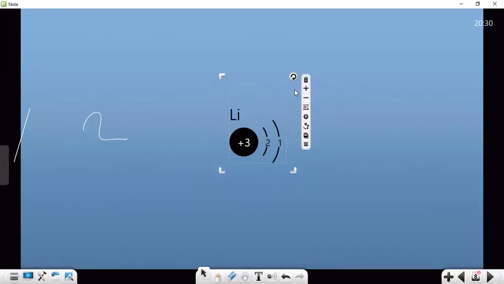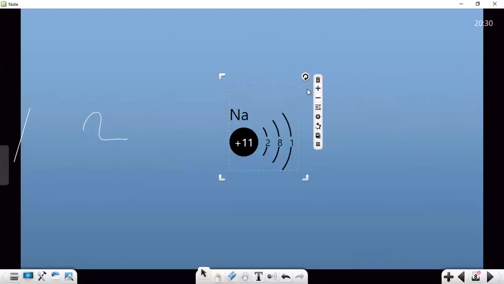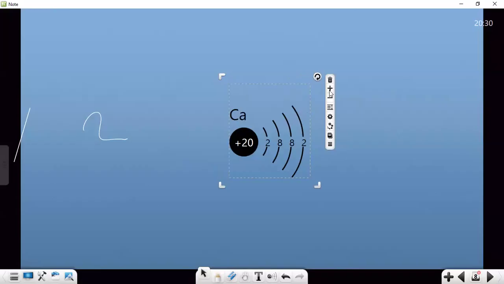Hydrogen, helium, lithium, beryllium, boron, carbon, nitrogen, oxygen, fluorine, neon, sodium, magnesium, aluminium, silicon, phosphorus, sulfur, chlorine, argon, potassium, and then comes calcium, scandium, titanium, vanadium, chromium, manganese, iron, cobalt, nickel, copper, zinc. Gallium, germanium, arsenic.